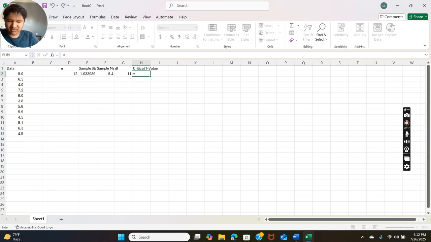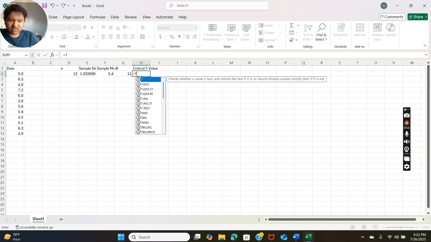So equals. And then this formula is T.INV.2T.